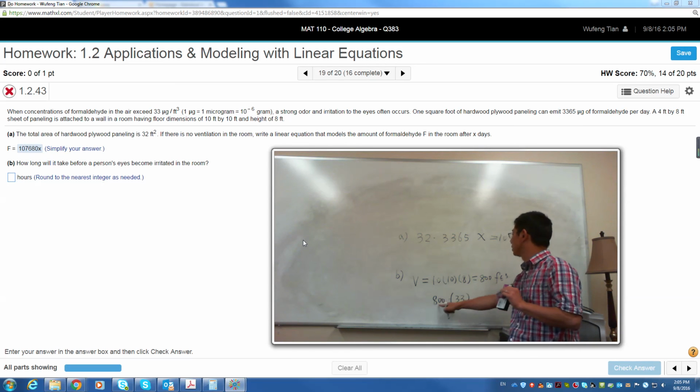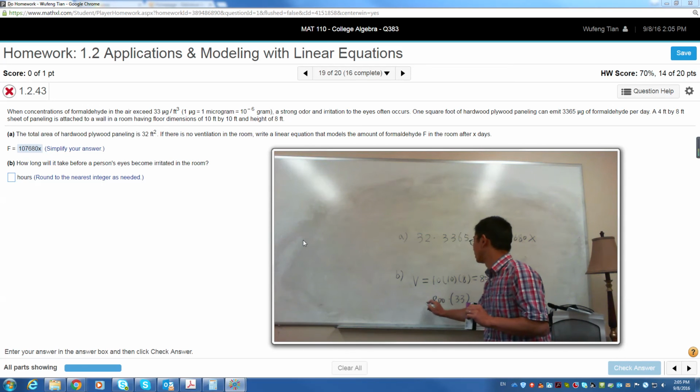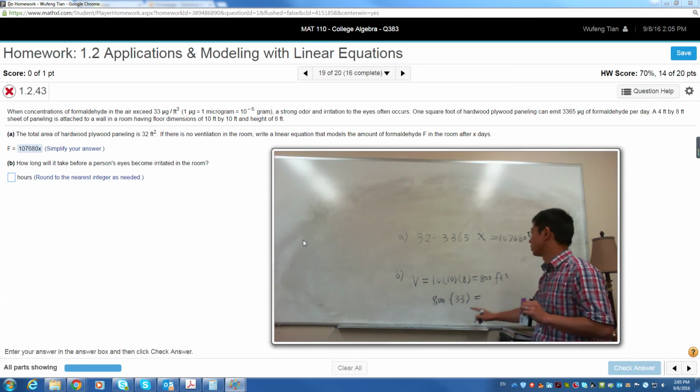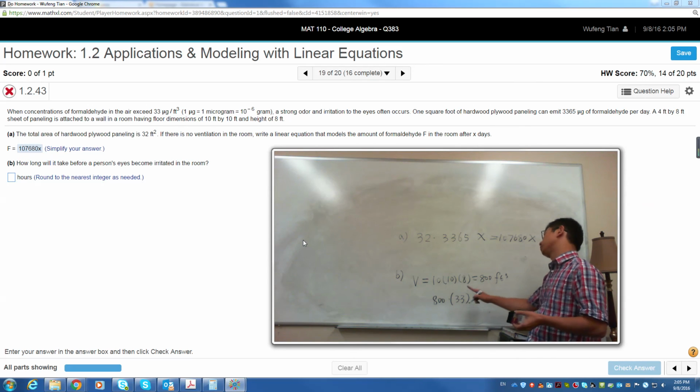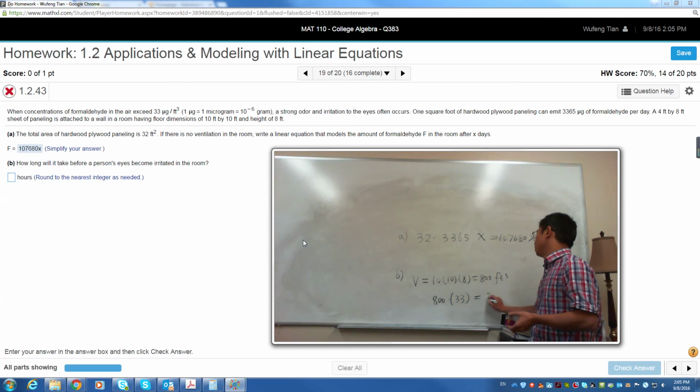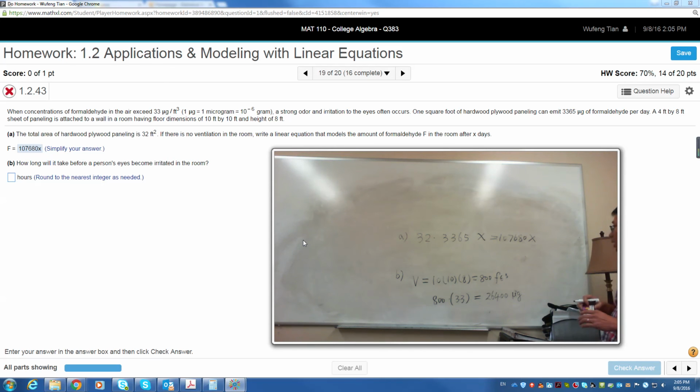So the total amount of the chemicals is 264,000 micrograms.